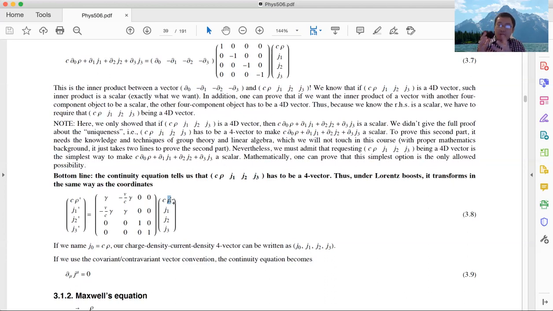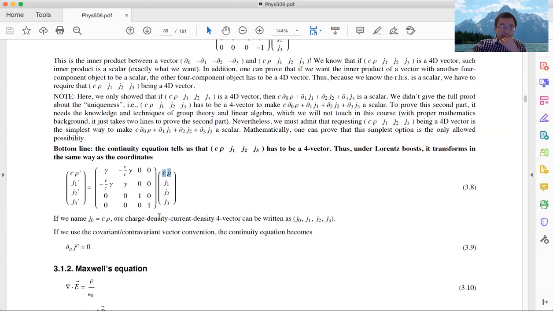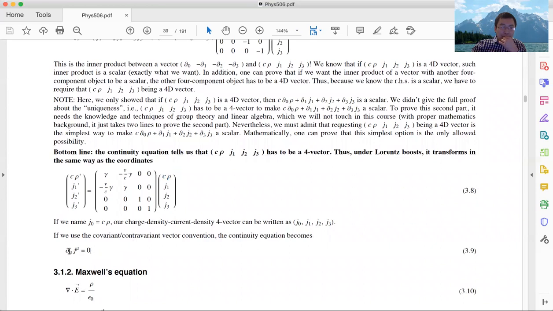So if we want a quantity which is conserved, it turns out the corresponding density cannot be a scalar. The corresponding density we want to be the first component of a vector, and you will see this in your homework. So the last line here, if you want the covariant and contravariant language, the continuity equation looks like this.